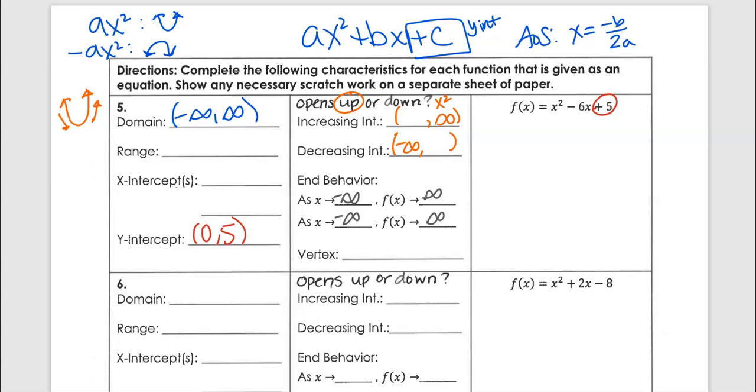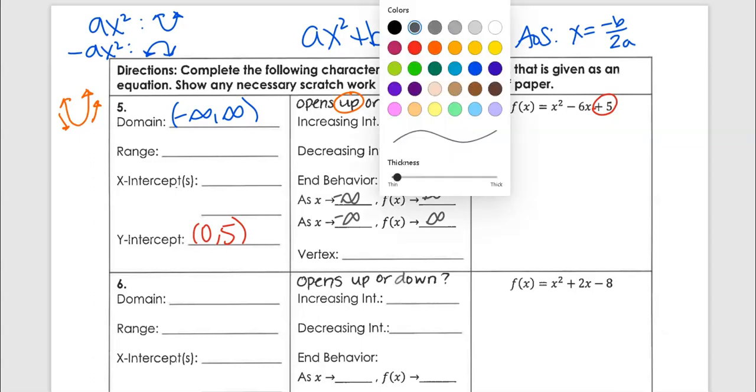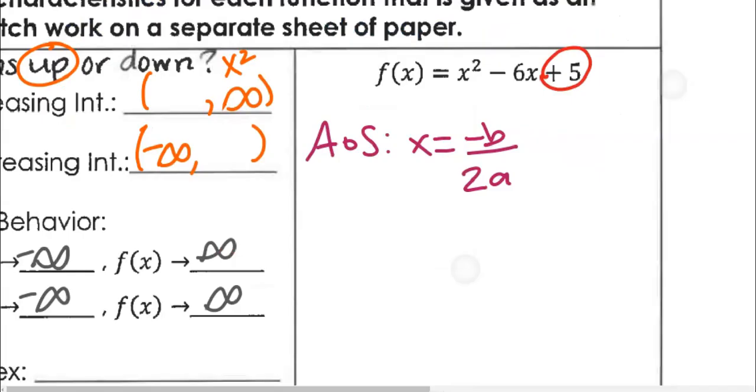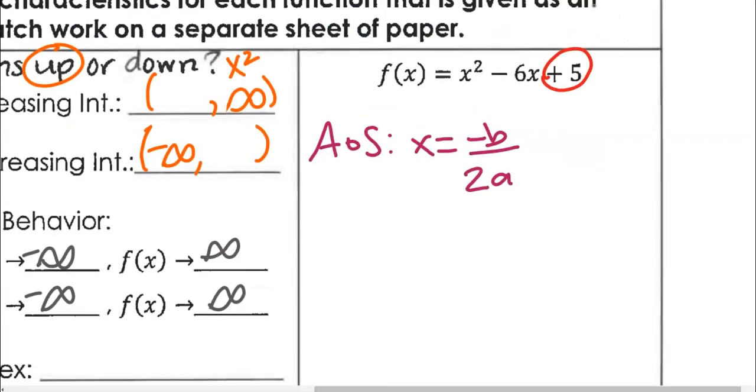Okay, so to get my vertex, we start with the axis of symmetry. We get that x value that cuts it in half. Okay, so for my axis of symmetry, we're going to use x equals opposite b divided by 2a. I'm going to zoom in for you. A, B, and C. What is our B value right now? Right now it's -6, right?